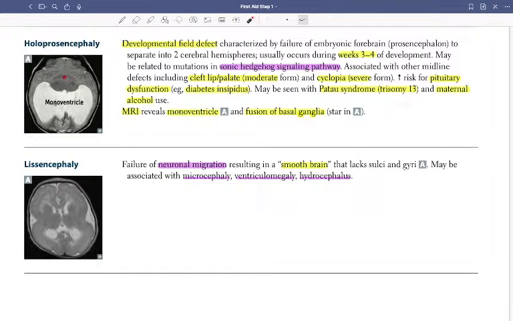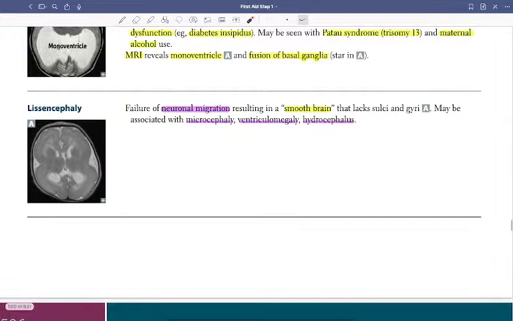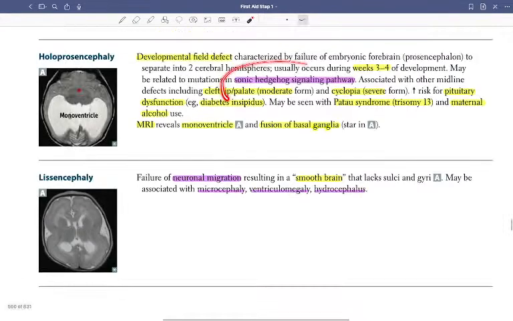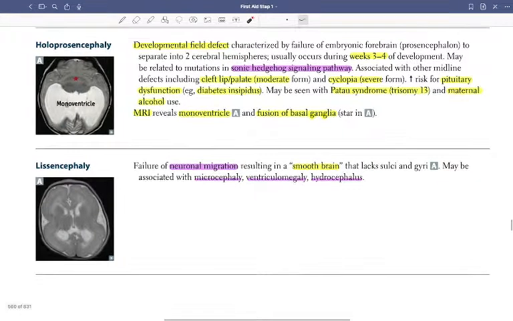It has cutis aplasia and this thing, and you have arachnodactyly or something. We'll come across that. So that is Patau syndrome and maternal alcohol use. Risk factors is done. Then sonic hedgehog pathway: sonic hedgehog pathway causes holoprosencephaly. This is very, very, very important.